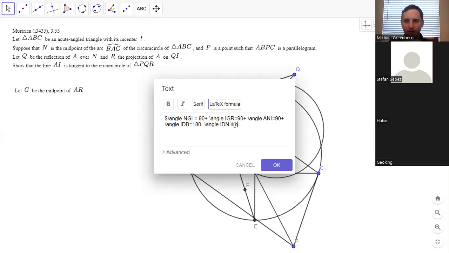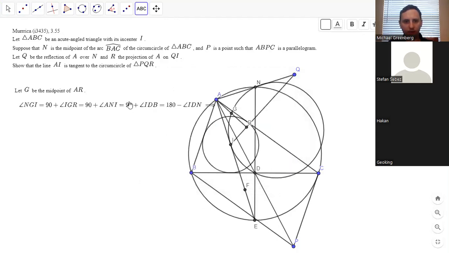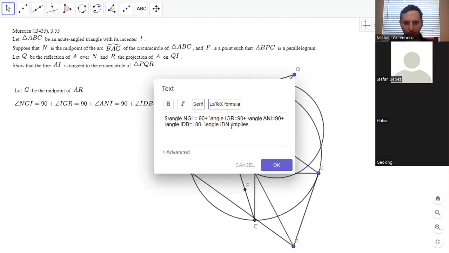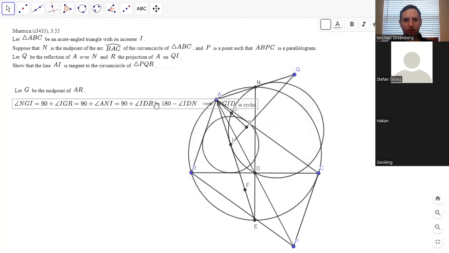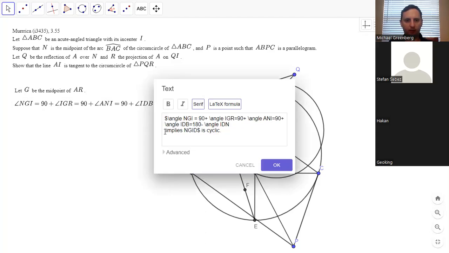That implies that NGID is cyclic. See how this comes out. Do a double backslash. See if that fixes things.